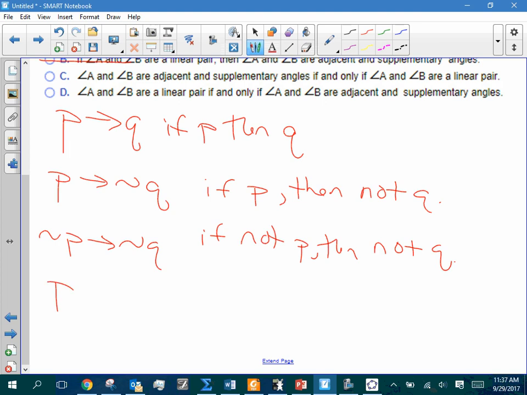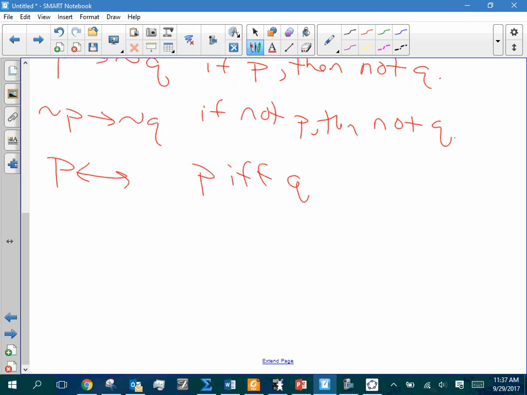Okay, we can do this one. That's P if and only if Q. And then, I put Q in there. And this one would be like, we could put not on any part of P and Q here, or both of them. So what if I said something like this? That'd be not P, if and only if, not Q.